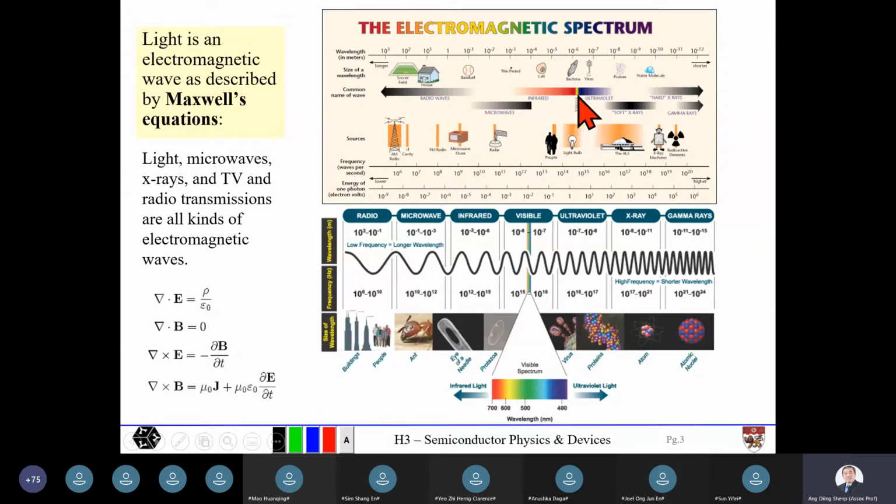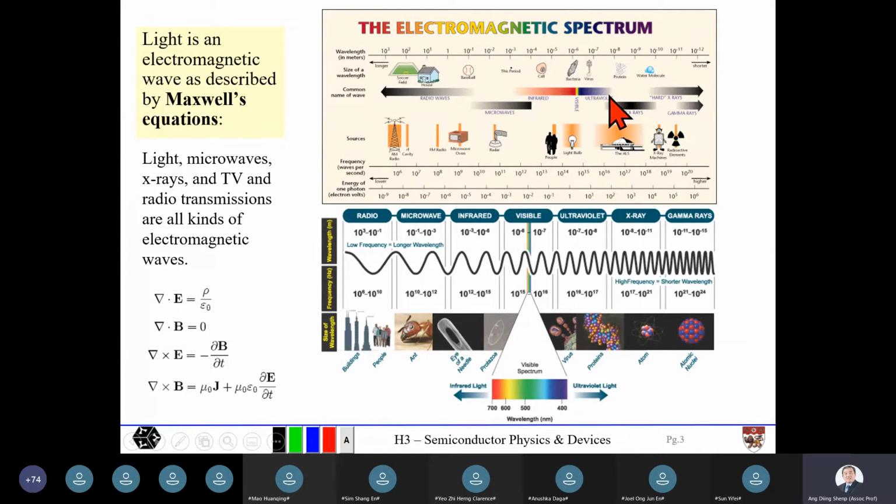If you go further down, you will reach the blue light, or the violet light. The violet has wavelength of about 400 nanometer. Now beyond violet, you get ultraviolet. That means below 400 nanometer, you get UV light, which again the human eye cannot see.